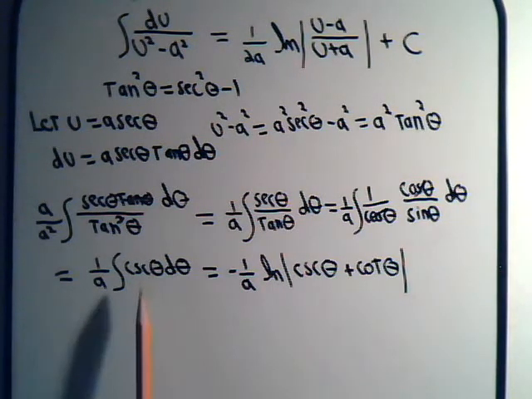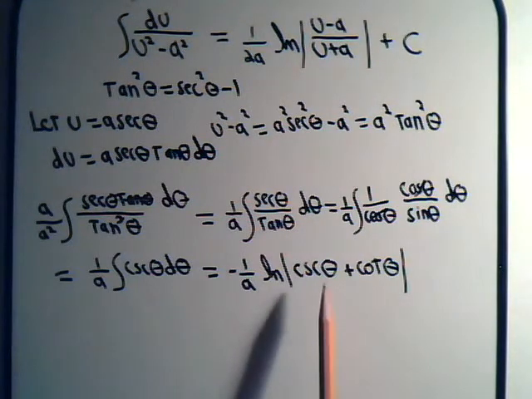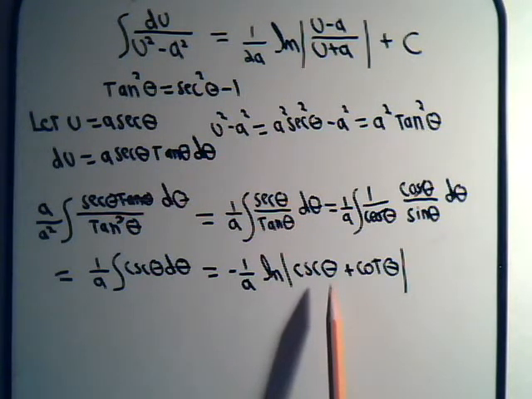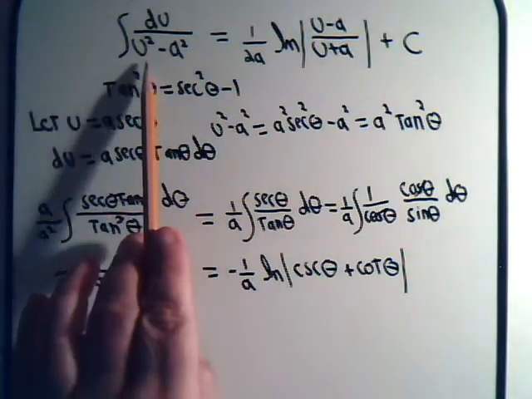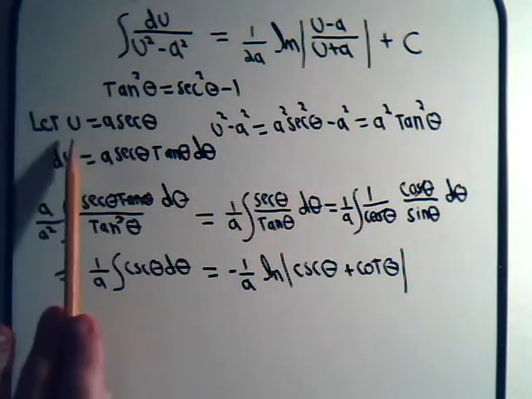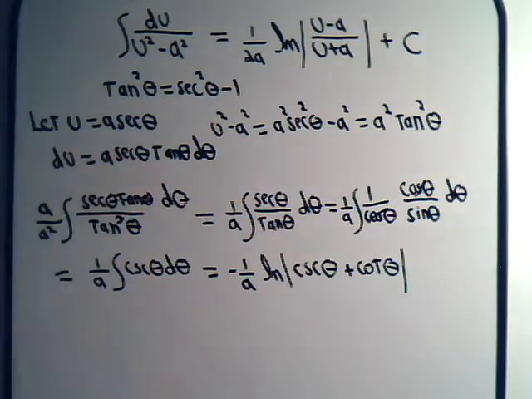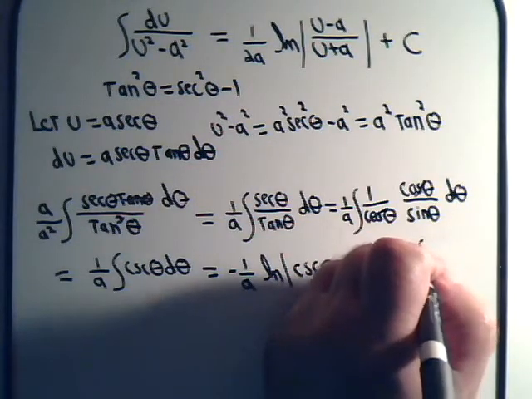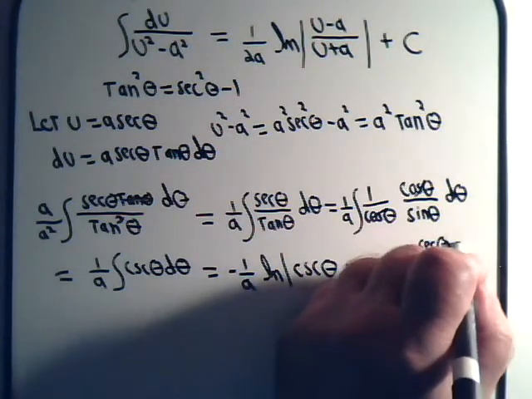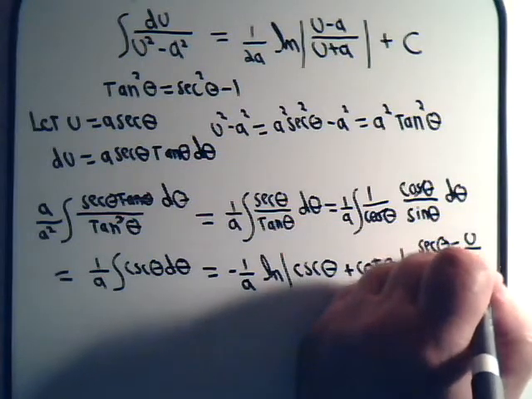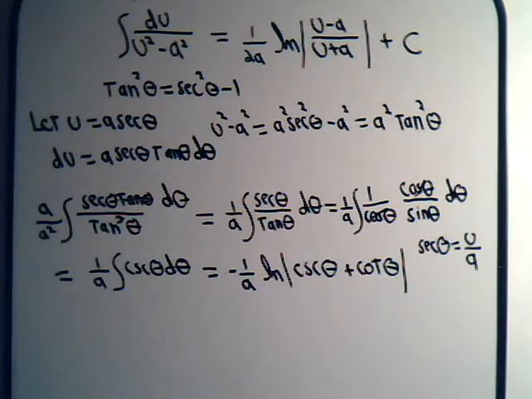Okay, so that was pretty easy to solve, but now our answer is in terms of theta. Our integral of interest is in terms of the variable u, so we go back to our substitution here, and we see that the secant of theta equals u over a. But we had to know what is the cotangent of theta and what is the cosecant of theta.